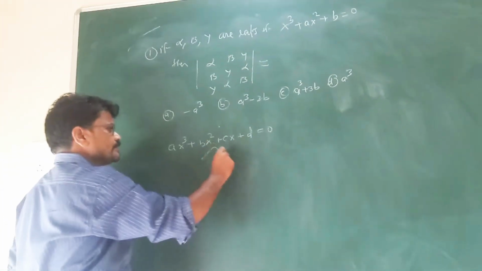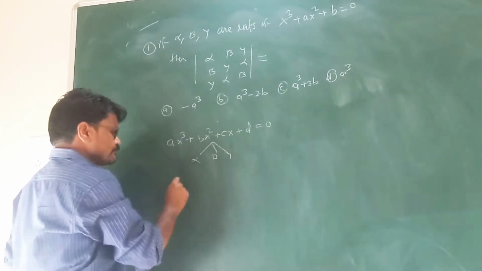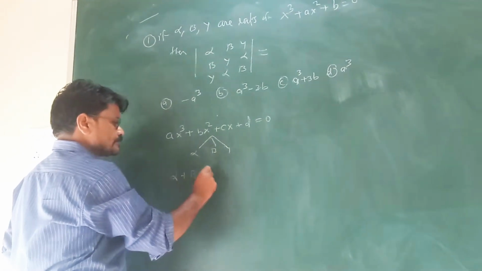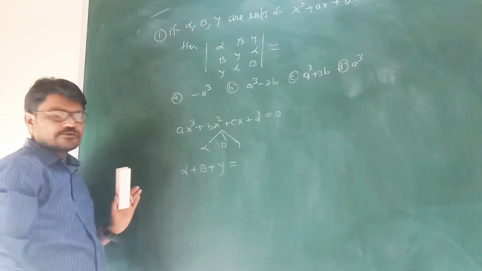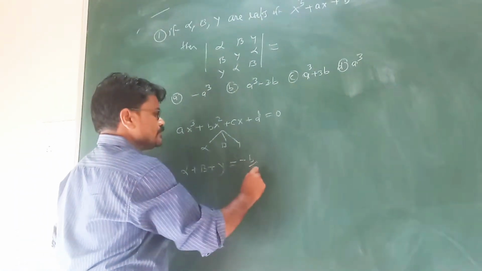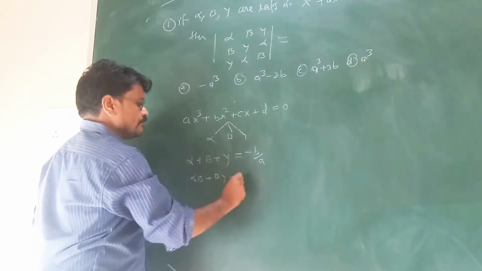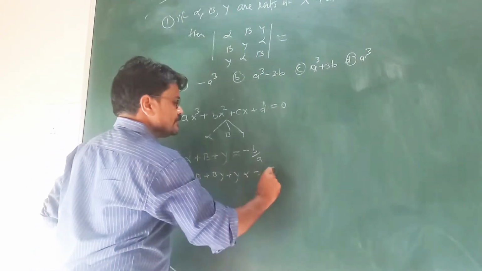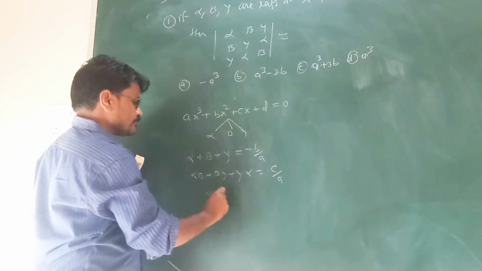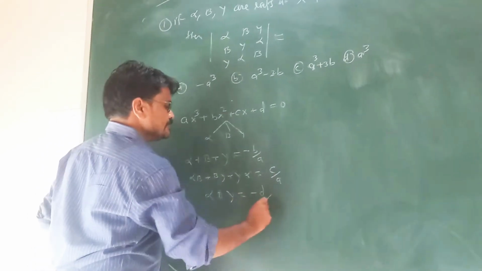When alpha, beta, gamma are its roots, then alpha plus beta plus gamma, the sum of all the roots, is given by minus b by a, and alpha beta plus beta gamma plus gamma alpha is given by c by a, and the product of all roots is given by minus d by a.